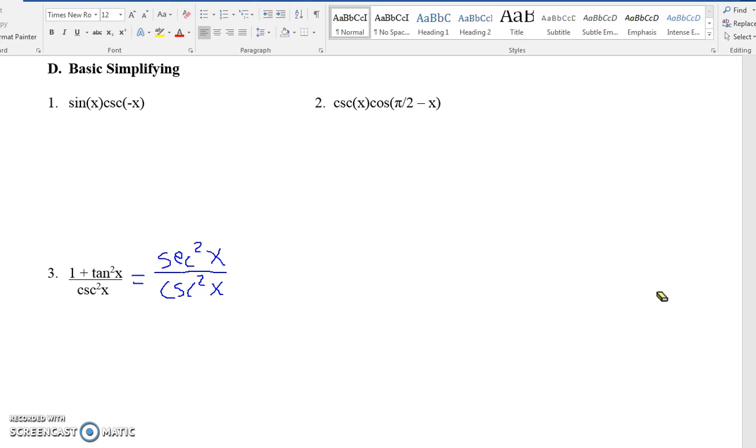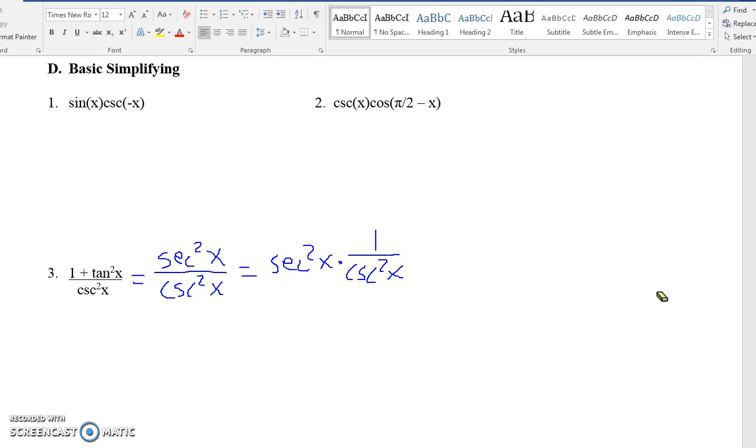And if it makes it easier for you, this could be rewritten. You don't have to do this, and I think eventually you'll get to a point where you don't have to write it this way. But this is really the same thing as secant squared of x, where x is our angle, times 1 over cosecant squared of x.